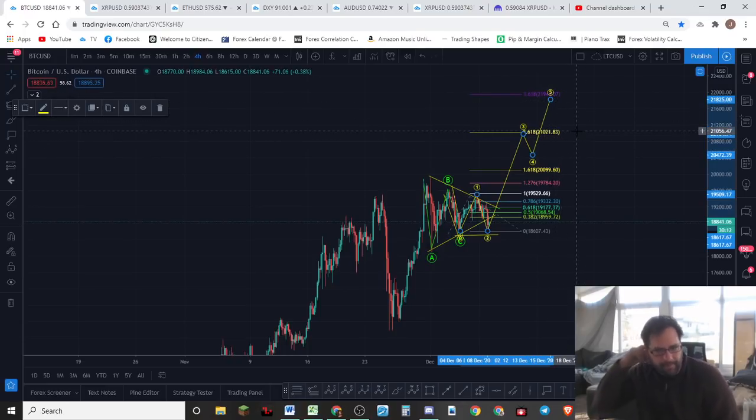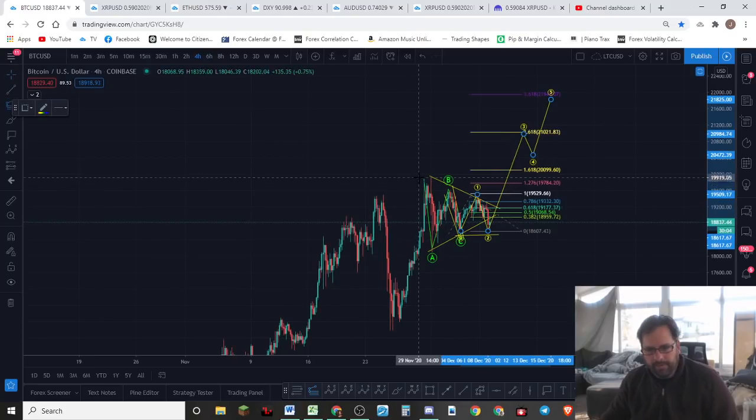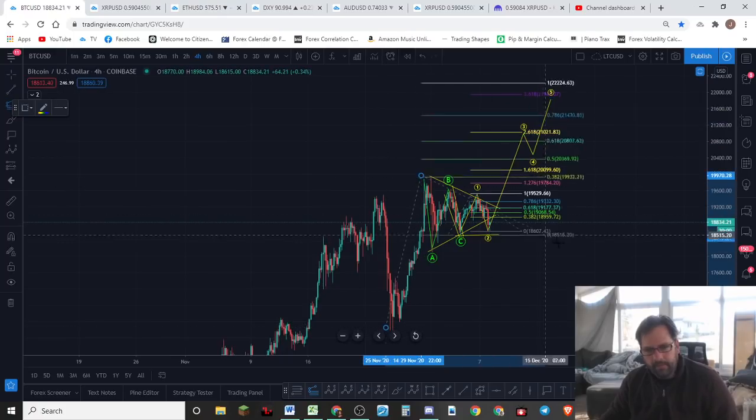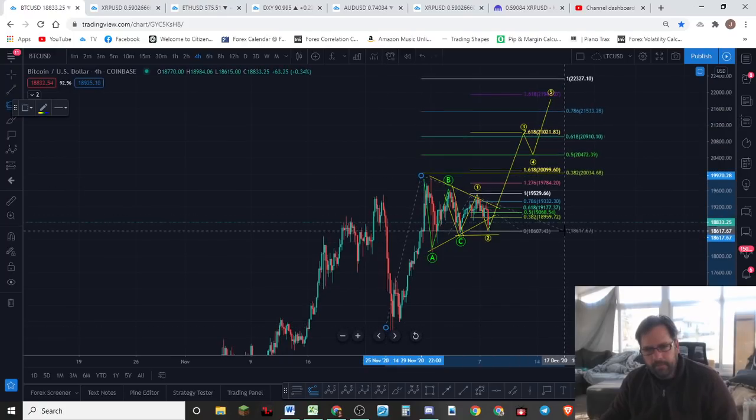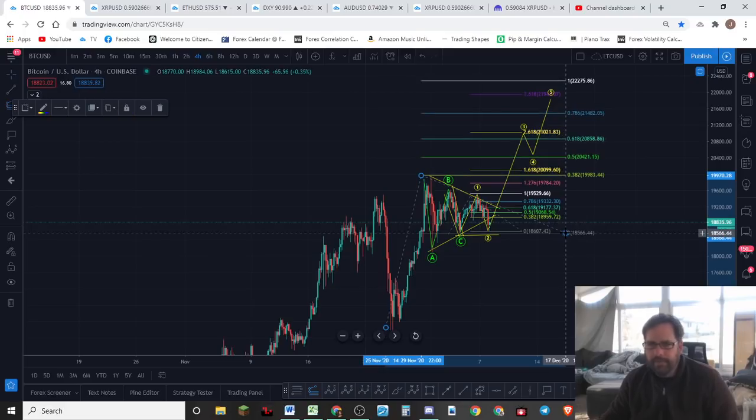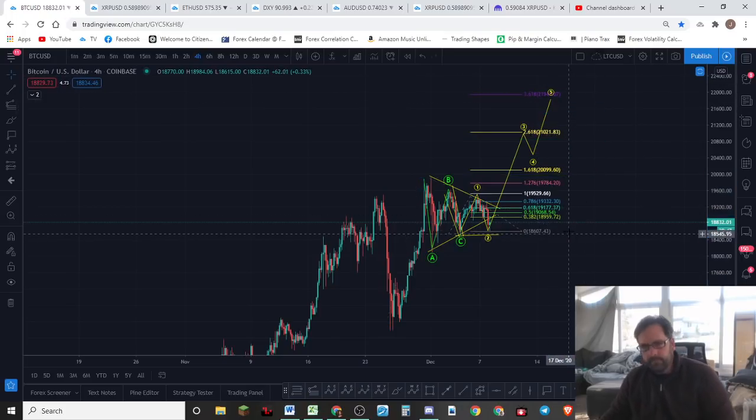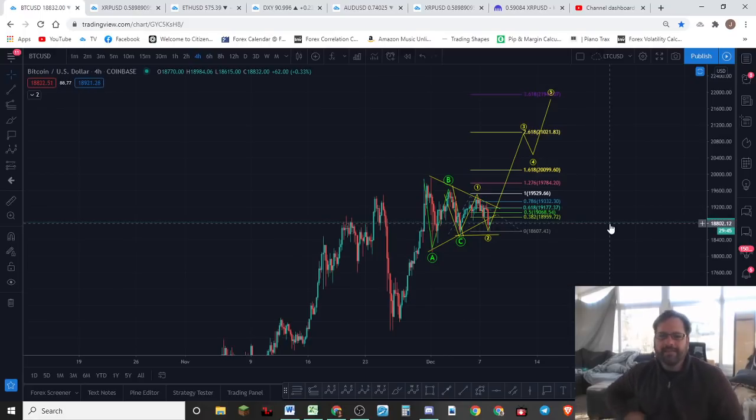We'll be able to project that better later on, but that would be an initial target for now. And that would also be a 1-to-1 extension of this here. Yeah, 21.4 to 22.2 is a nice potential there.